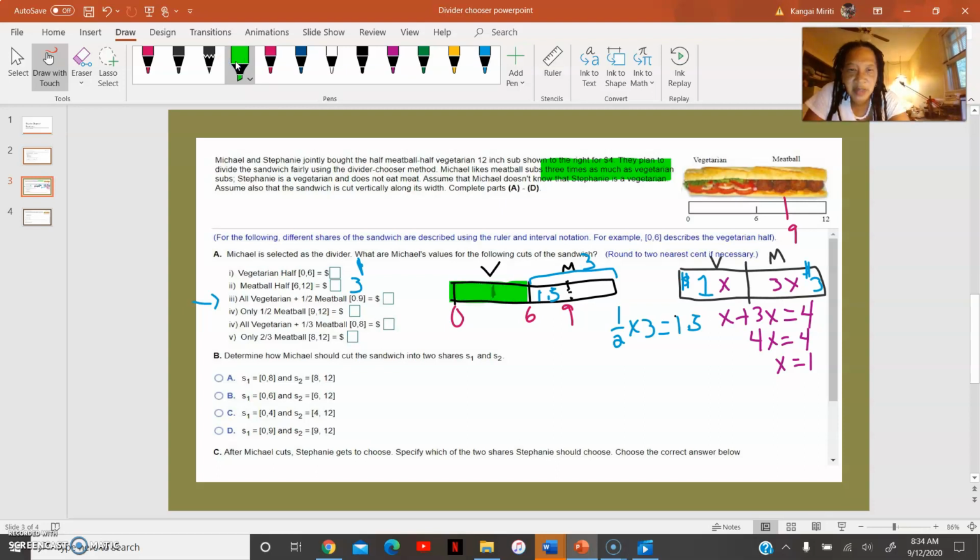All of the veggie, half of the meatball. We put that together. We've got $1 put together with $1.50 makes $2.50, the value of that 0 to 9 piece.